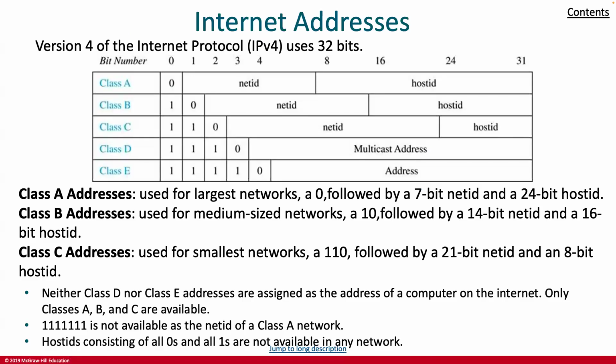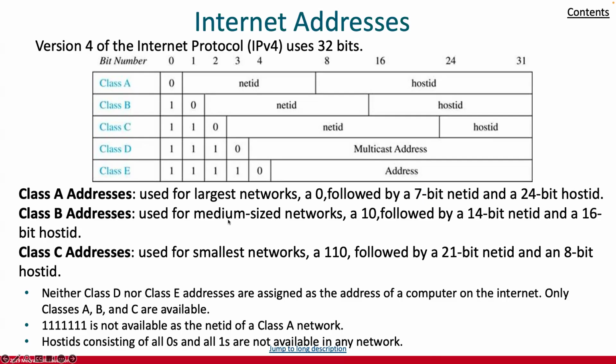Here's another example of looking at internet addresses. There are different classes of addressing. This gets into material for another class. You have class A, B, C, D, and E. Class A addresses are used for the largest networks: a 0 followed by a 7-bit net ID, and then a 24-bit host ID.